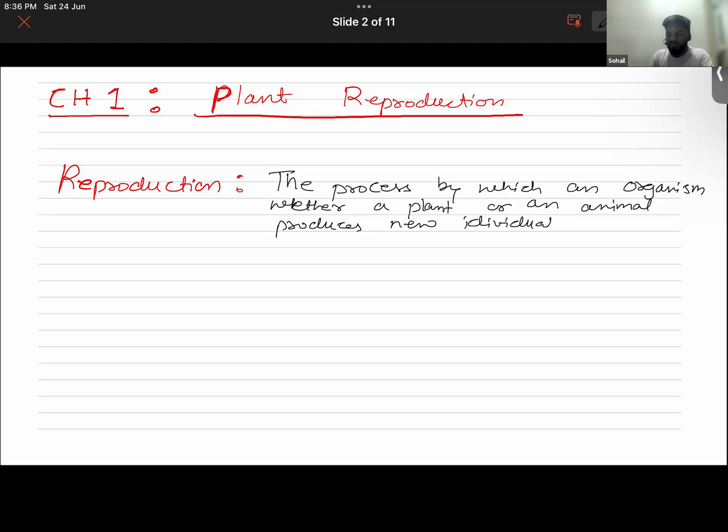So that is simply called reproduction. The chapter is reproduction in what? Reproduction in plants. That is the chapter, and that is what we are going to be talking about.